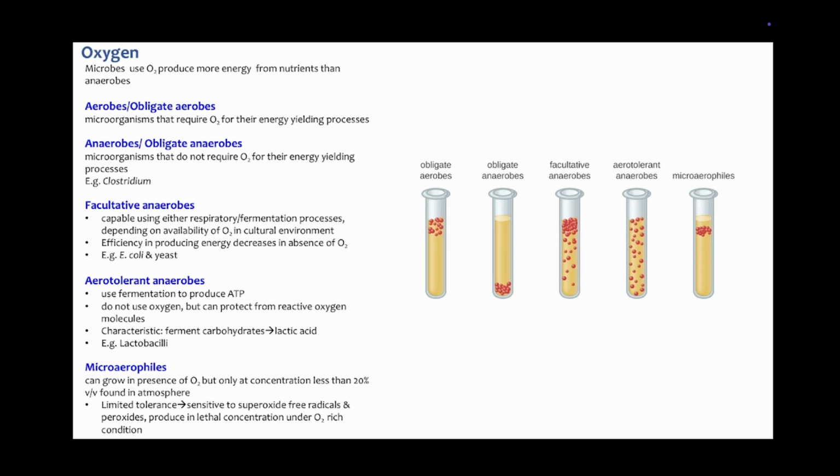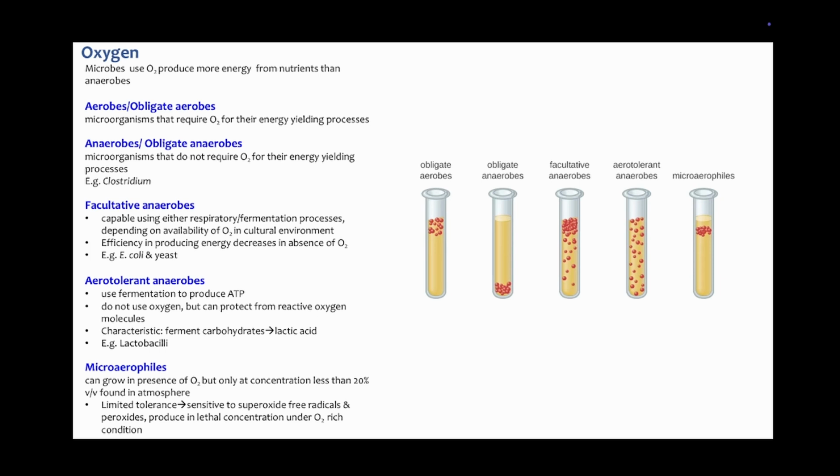So if you were to prepare a soft agar here and you were to incubate it and observe the growth through turbidity, you will see the pattern of growth like this. And it makes sense when you see the distribution of the bacteria based on their category to which they are affected by oxygen.